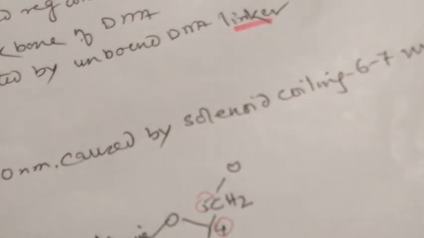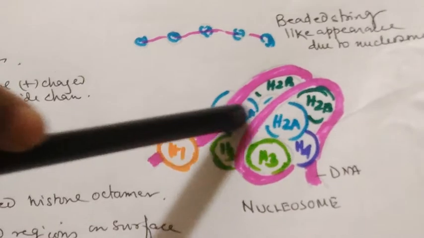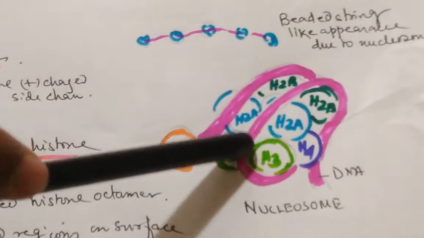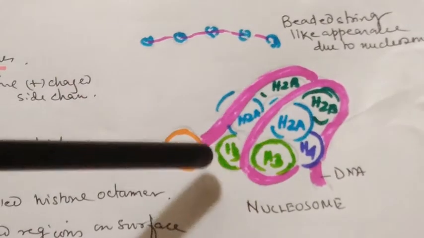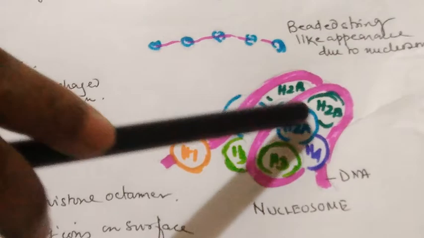So DNA is packaged by the histone proteins in eukaryotes, and these histone proteins form the histone octamer. 4 types of histone are there: H2A, H2B, H3 and H4, which are present in pairs.